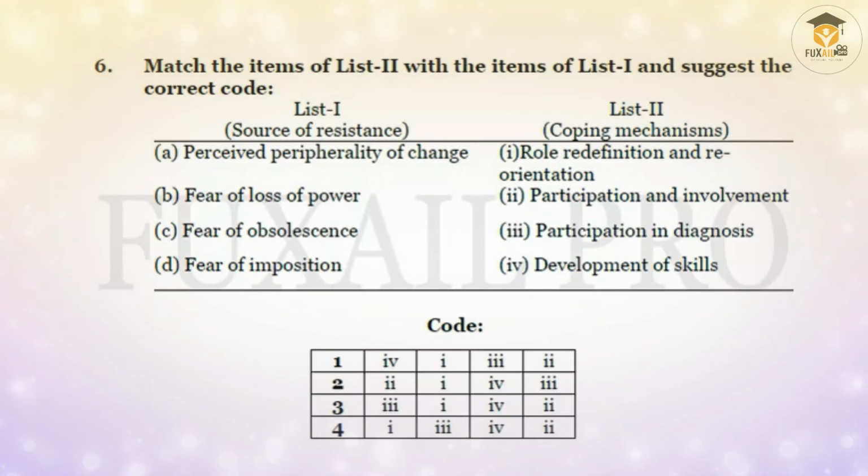6. Match the items of List 2 with the items of List 1 and suggest the correct code. List 1, source of resistance: A. Perceived peripherality of change, B. Fear of loss of power, C. Fear of obsolescence, D. Fear of imposition. List 2, coping mechanisms: 1. Role redefinition and reorientation, 2. Participation and involvement, 3.